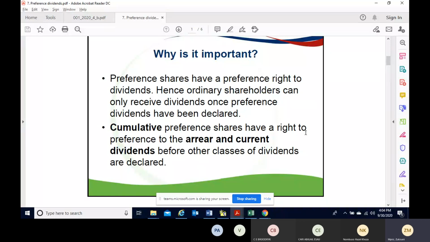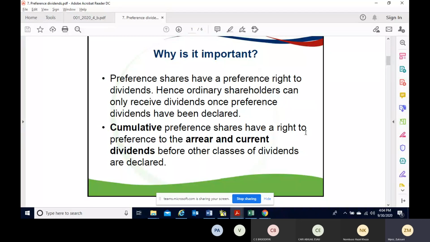Preference shares by nature, you cannot have preference shares if you do not have another classification of shares called ordinary shares. Preference shares have a preference right over ordinary dividends. So that's how it works. You initially have to have ordinary shares, then you can have your preference shares.